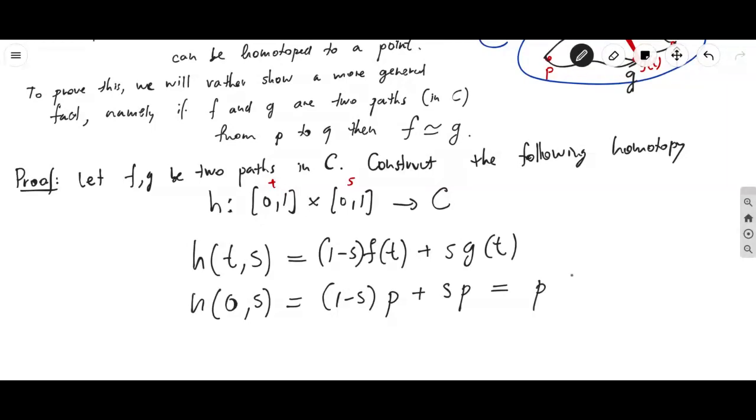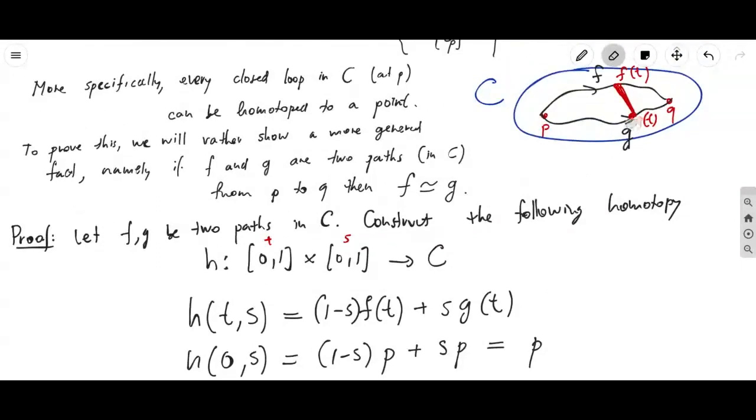So in the end, that's just going to be p, right? So that gives you the point. So the point is, this is a path homotopy. It's giving you this interpolated path between p and q. They always begin at p and end at q.